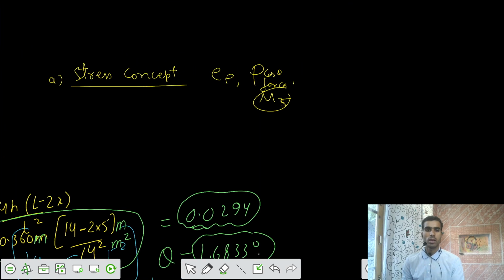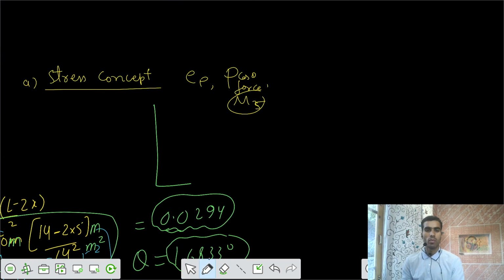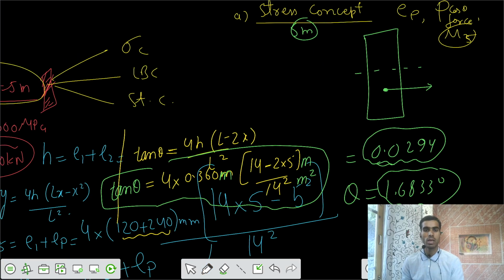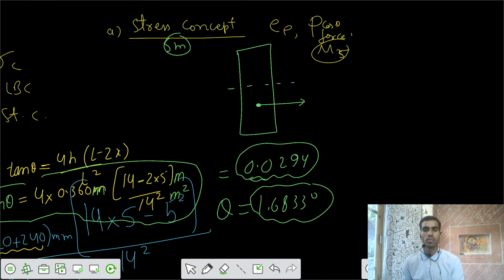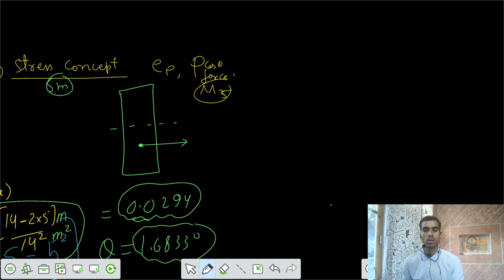So for the stress concept, this is our section at the 5 meter section. We have some neutral axis, and your P force is acting somewhere here at some eccentricity e_p that we calculated as 210.6 millimeters, and the P force was your P cos theta.